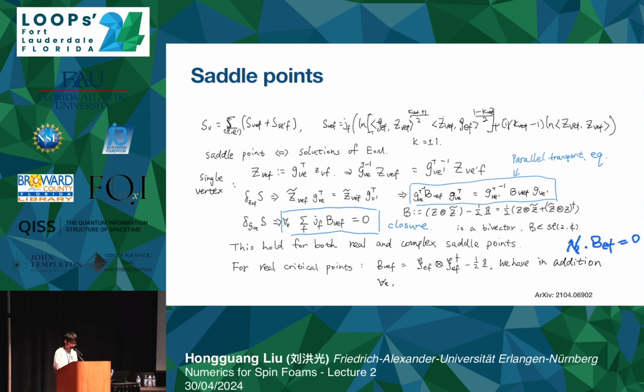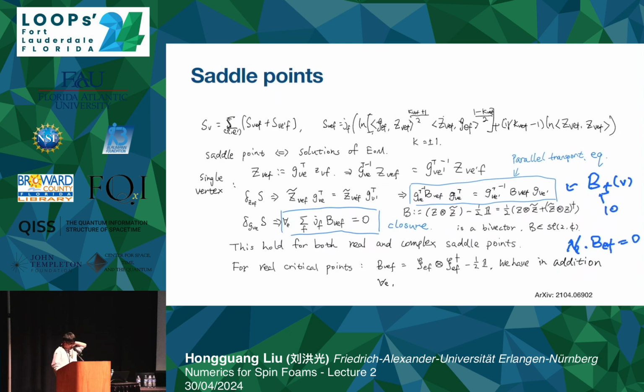But from these two equations, we don't get this extra condition. We only get a parallel transport condition, which tells you that on each vertex we have a bivector, and these are 10 bivectors, one for each face. This bivector doesn't depend on the E because it's a parallel transport, and it's subject to closure. So we have 10 faces, 10 triangles in the space-time. That's the geometric explanation of this equation of motion.